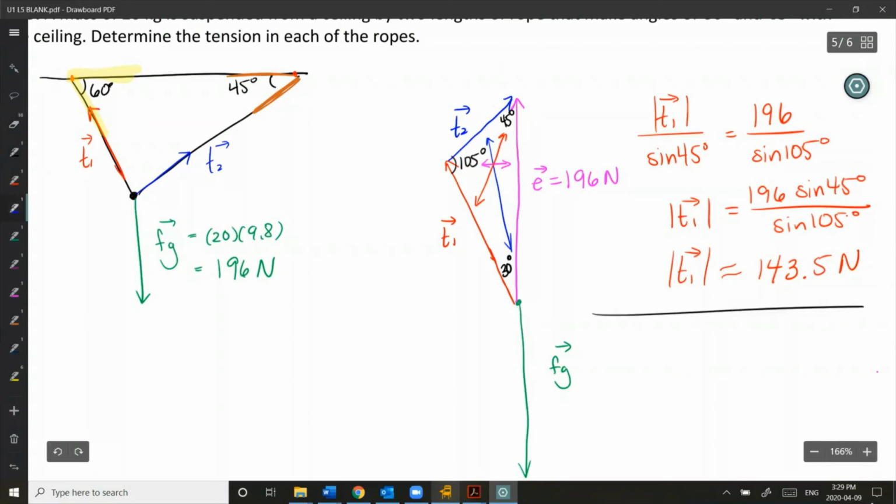Okay, and then we're going to do a similar thing with tension 2. Looking at the angle across from tension 2, which is 30, I'm just going to use the same ratio for the other side, and we're going to multiply up the sine of 30.